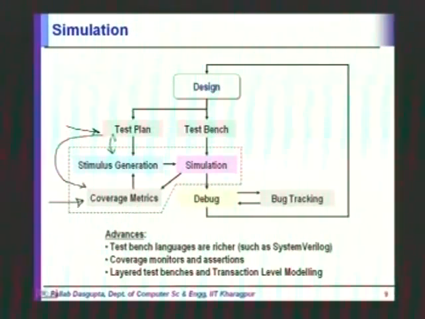So one important, interesting thing that has come up is that you again write properties. You write properties saying that whenever this signal goes high, then within 5 cycles that signal must go low. Now if you want to check this property, then the first signal must go high at some point of time, otherwise you have not checked anything.